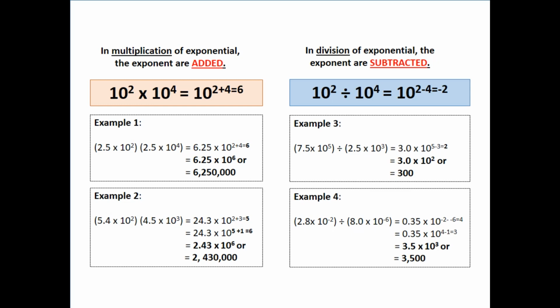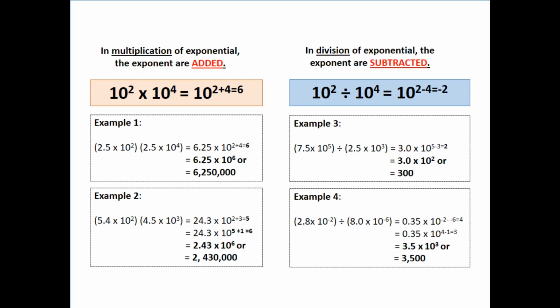So, below, you see example number 1. So, you have there 2.5 times 10 raised to the power of 2 times 2.5 times 10 raised to the power of 4. So, again, in multiplication, you add the exponents, which are your numbers 2 and 4. Okay? So, how do we get the answer?